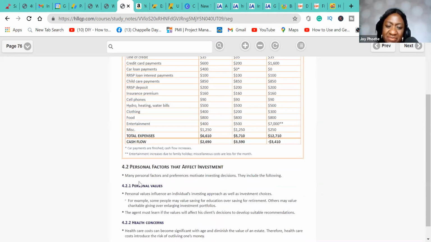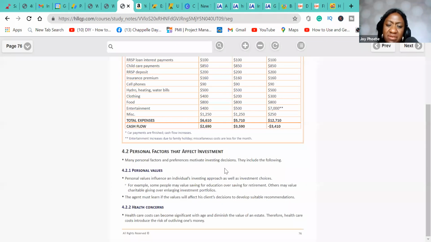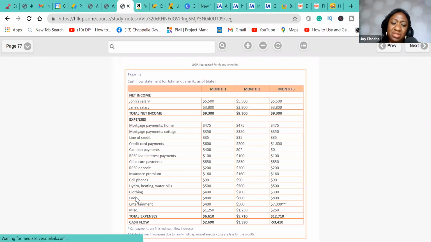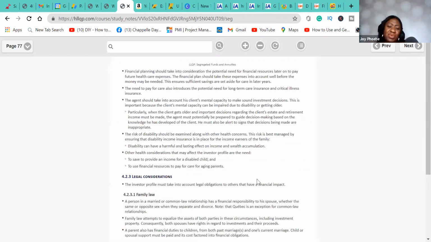Personal factors that affect investment. Well, many personal factors, preferences and motivations drive investment decisions, and they include personal values, health, and concerns. You see, these personal values are very, very important, because I've met people that say, oh, because of my values, I cannot invest in this or that.